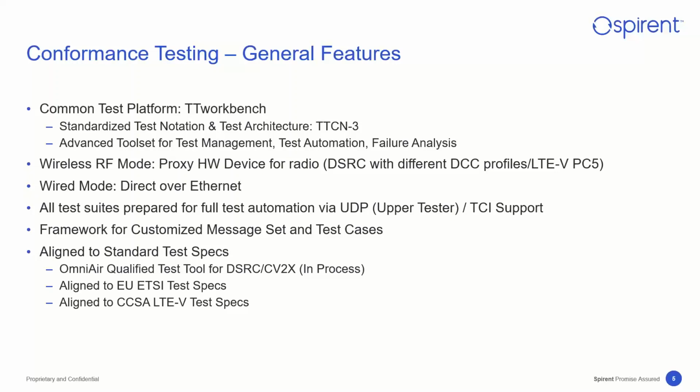Several of our customers also use that feature, actually sending the DSRC packets directly over UDP Ethernet to the DUT, if they're not interested in testing the RF implicitly. All of those test suites support automation using an auto tester or TCI application.